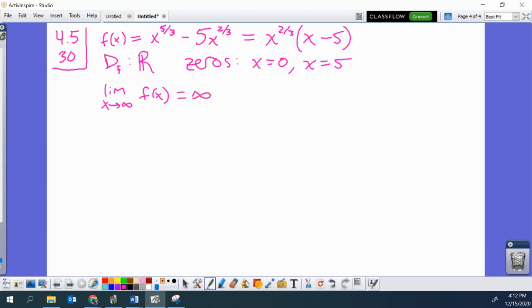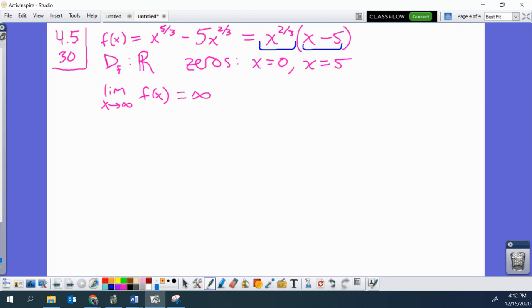And as x approaches negative infinity, when you plug a large value of x in, that 2/3 power, the even power on top is going to make it positive, right? And then when you cube root it, it's still positive. Or if you cube root it first, it's negative, but then when you square it, it's going to be positive. So that factor will come out positive when you plug in a large negative value. However, the x minus 5 will definitely be negative. So, when you multiply positive times a negative, you get a negative.